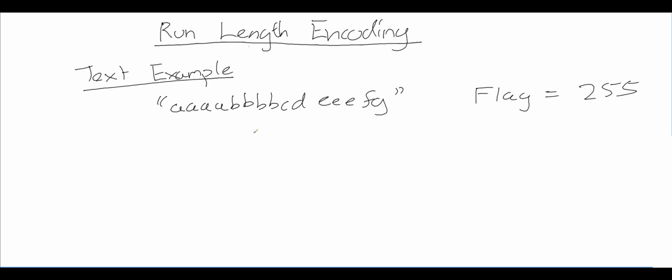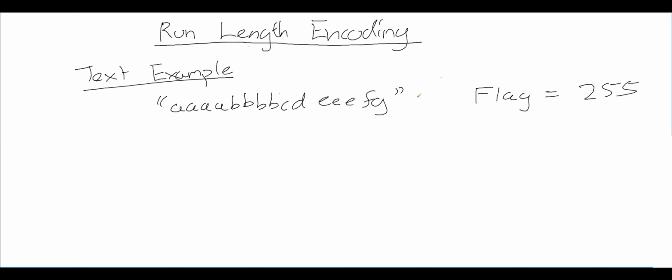So this is a different string of text, and you can see that I've got a few more examples of characters where there's only one occurrence of the character. This will demonstrate quite nicely how using a flag can improve the compression that we can do with run length encoding.